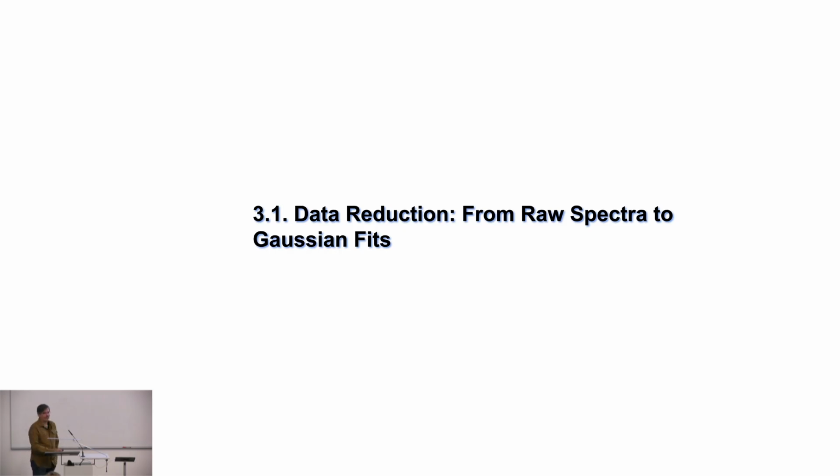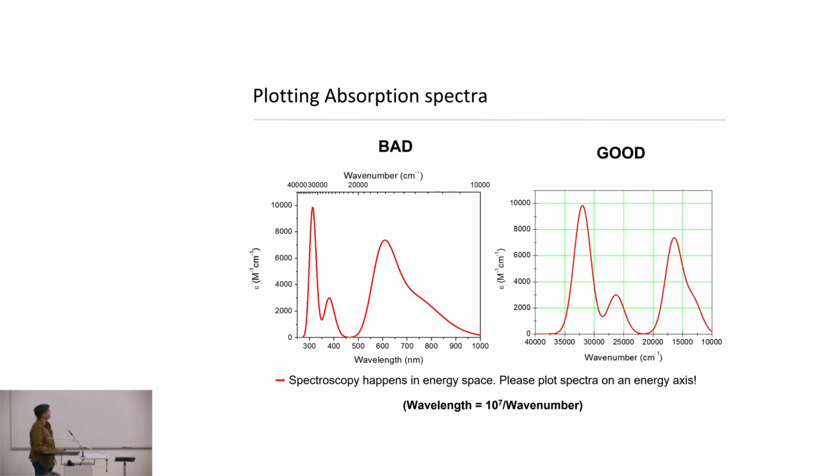And the first very common mistake, I'm not sure if I should call it a mistake or a bad habit, is to plot optical spectra on a wavelength scale, right? The spectrometer, of course, scans wavelengths, and then it gives you basically a table of wavelengths versus absorption.